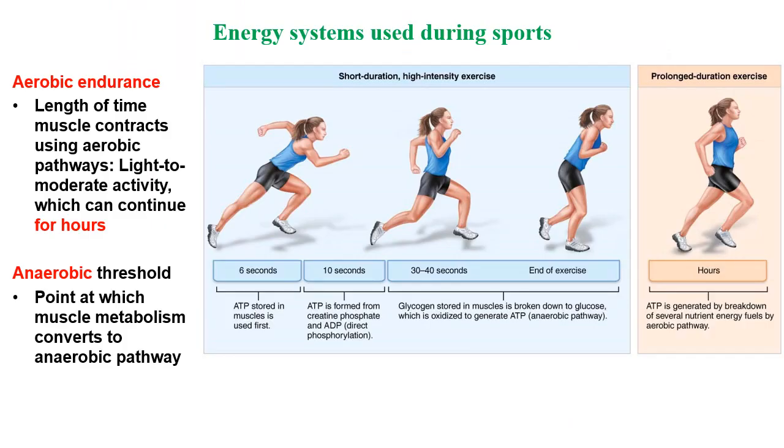Good. All right. So now, talking about more energy that is used in usage of muscles, right? So we have here energy systems used during sports. You can have aerobic endurance, or you can also have anaerobic, okay? When you talk about aerobic endurance, those are muscles that can use oxygen, and they have a lot of mitochondria, right?